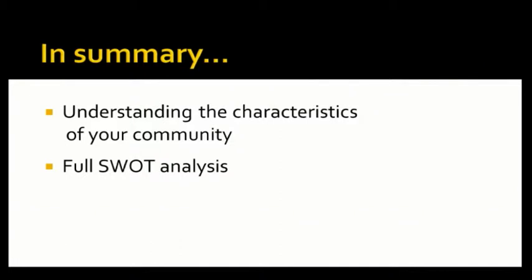So how well is the CRC set up to meet the needs of the community through the analysis that we've just done? And then we've talked about recording your achievements, using them as a motivator, using them for PR and so on. So we've covered quite a lot of ground. So the thing to do now is to go away and digest all of that and work in the workbook and get your board together.